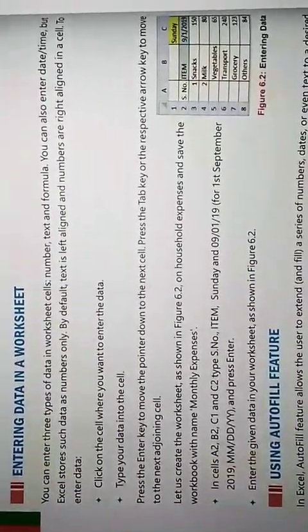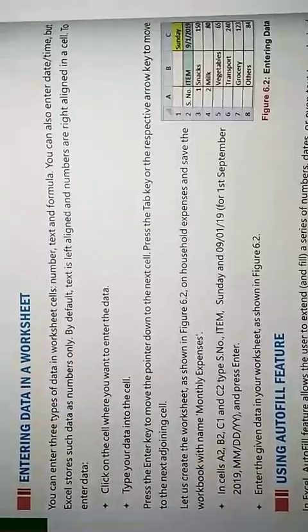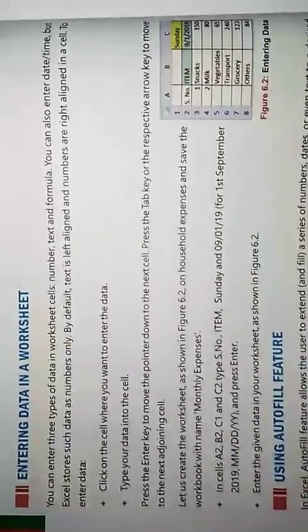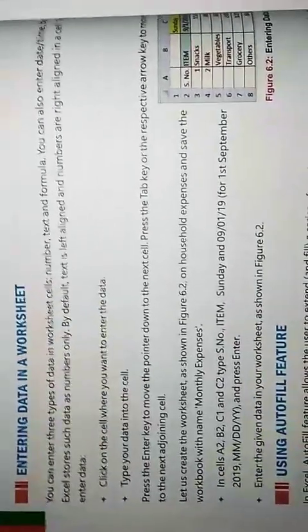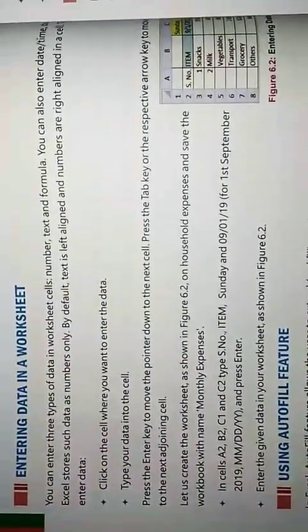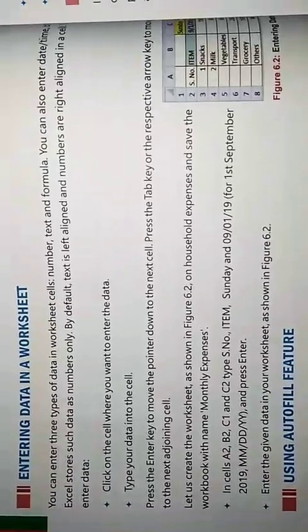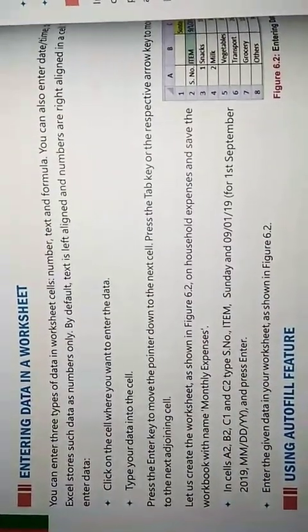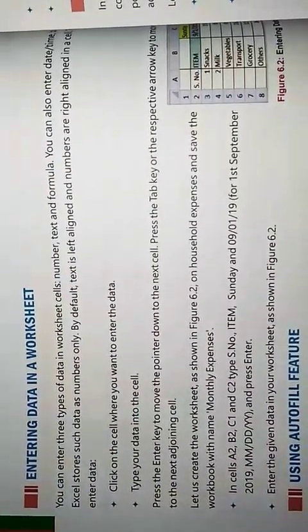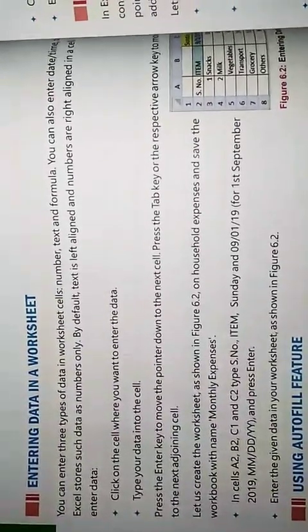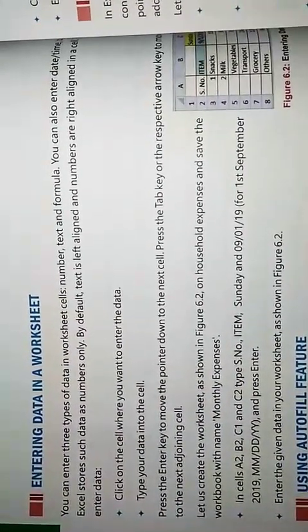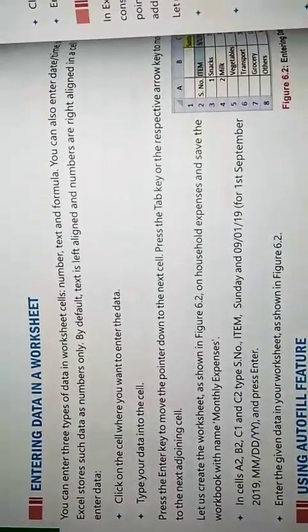After the cursor blinks there, press Enter to move the pointer down to the next cell. If you have completed your work in that cell, press Enter to move to the next cell. Then you can use the Tab key or the arrow keys for moving to the next adjoining cells.